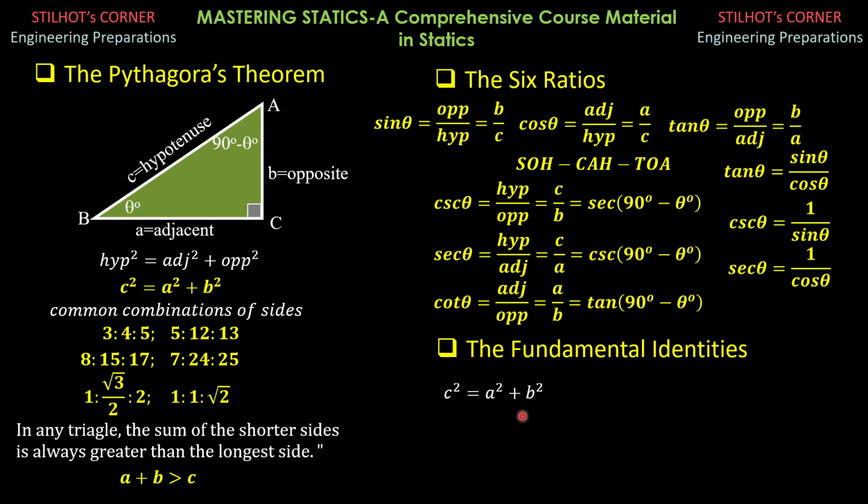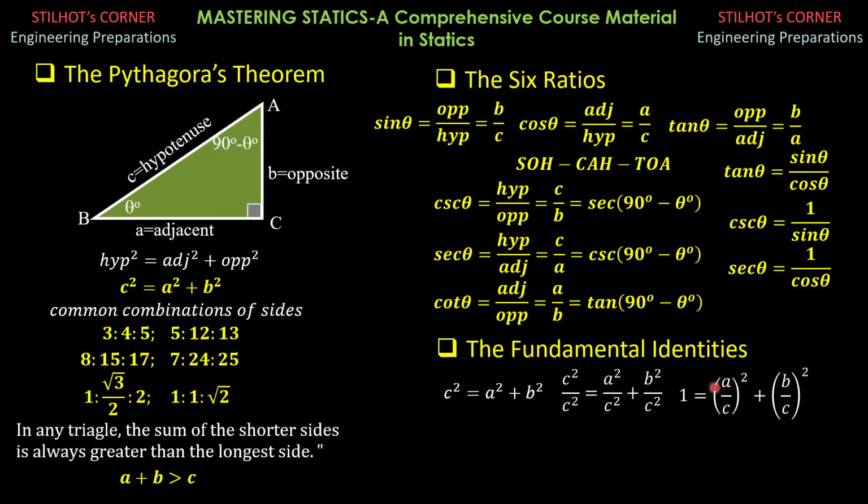C square equals A square plus B square, dividing everything by C square. Then we have C square over C square equals A square over C square plus B square over C square. Since C square over C square equals 1, and we can write this as A over C, so 1 equals quantity A over C square plus quantity B over C square.